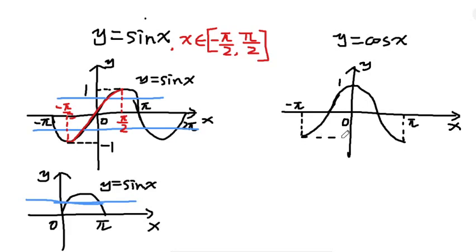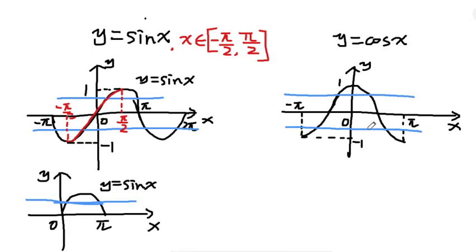The range is minus 1 to 1. So here is minus 1. And if you use the horizontal line test to check, of course, it's not one-to-one. Then we cannot talk about its inverse.